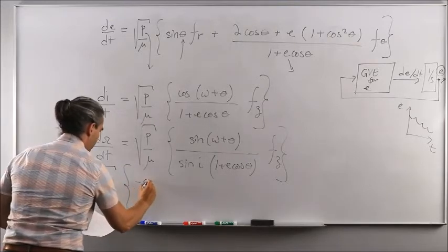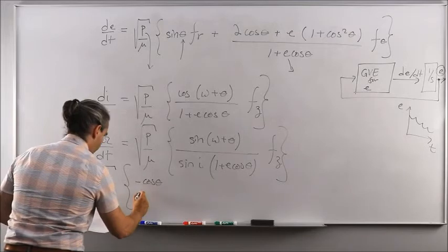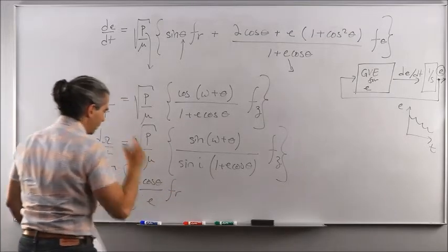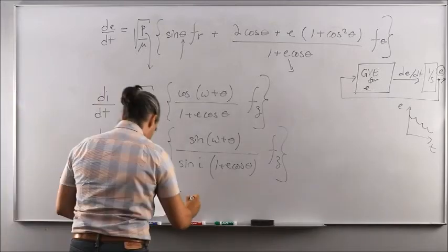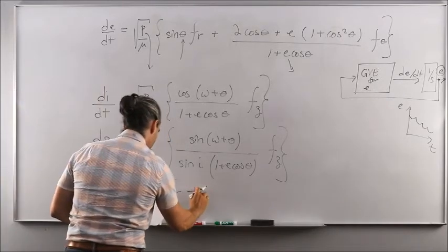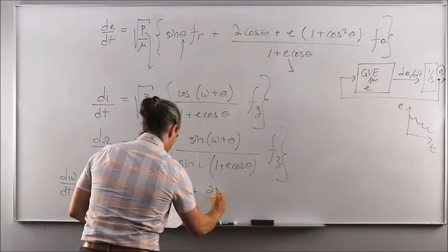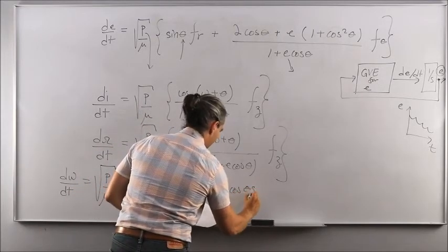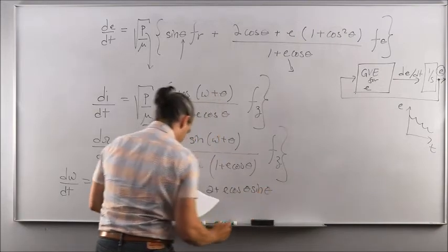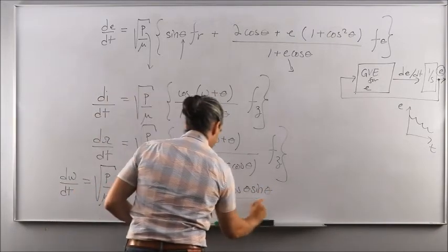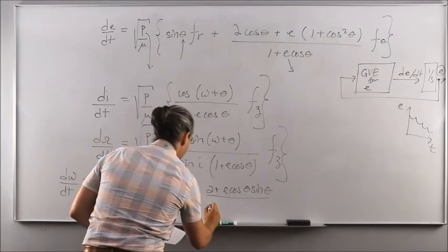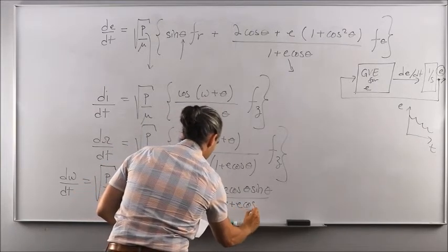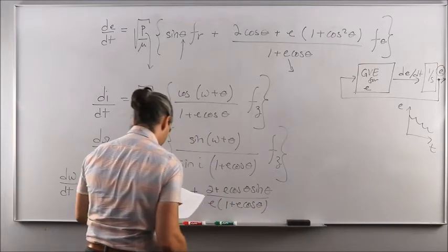So we have minus cos theta over the eccentricity, multiplying the x component, or Fr, plus 2 plus e cos theta times sine theta, all this divided by e times 1 plus e cos theta.